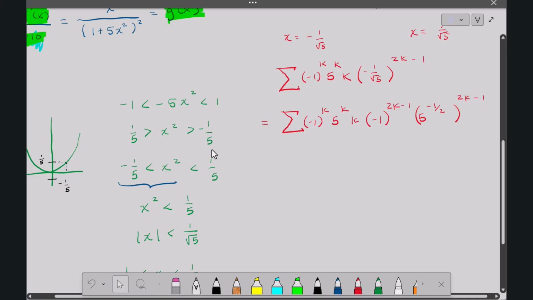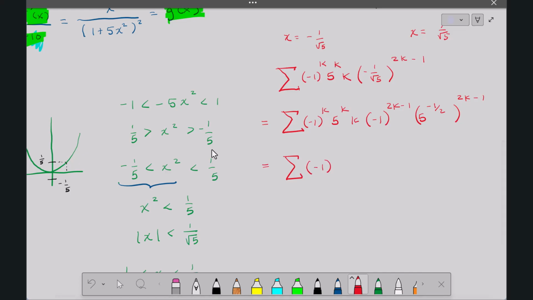Okay, so let's keep on simplifying. We have negative 1 to the power of k, negative 1 to the power of 2k minus 1. We add the powers. So 2k minus 1 plus k, that's 3k minus 1. And then we have the 5 to the k, we have the k, and over here, we are going to multiply the powers together. So we're going to have multiplication by 5 to the negative k plus 1/2.